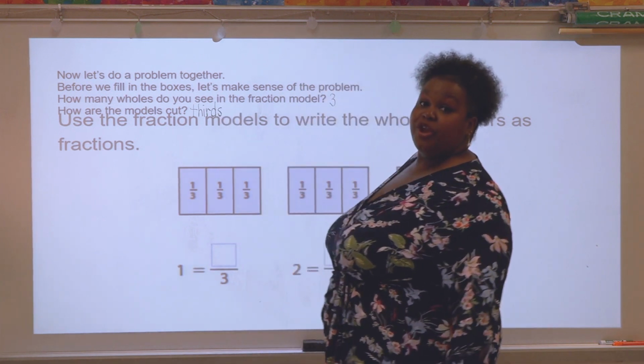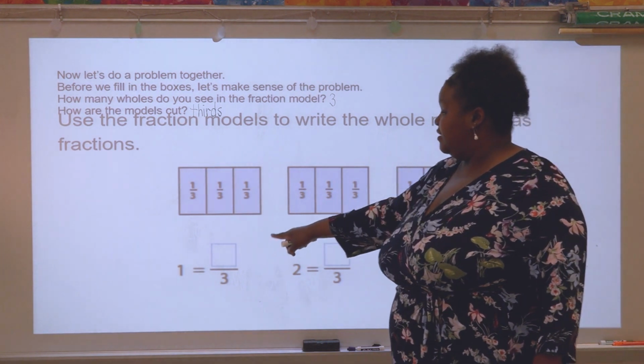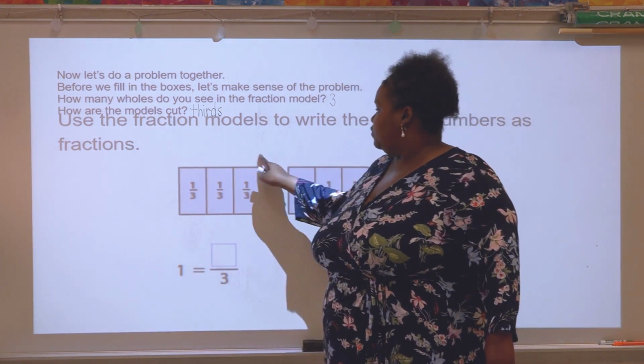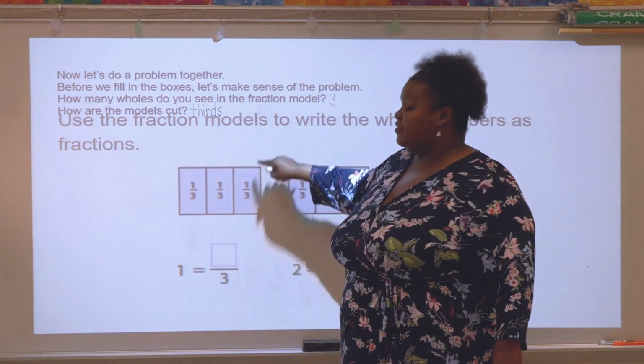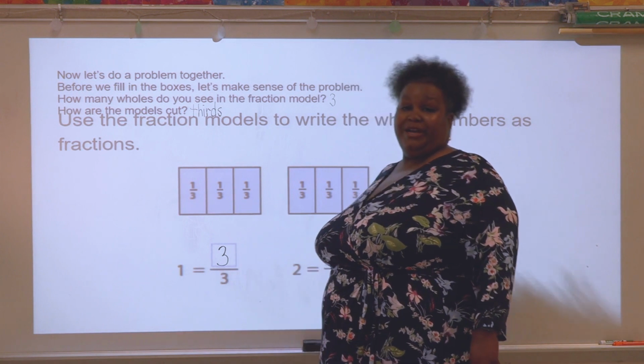So now, knowing that, let's see if we can fill in the information. So it says 1 whole equals blank thirds. Well, this 1 whole, how many thirds do we have? And I agree, 3.